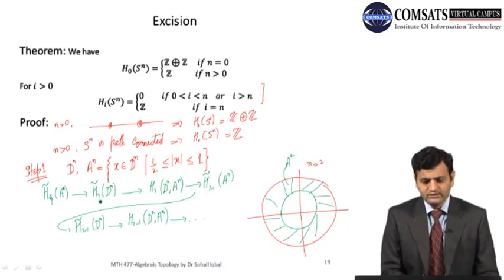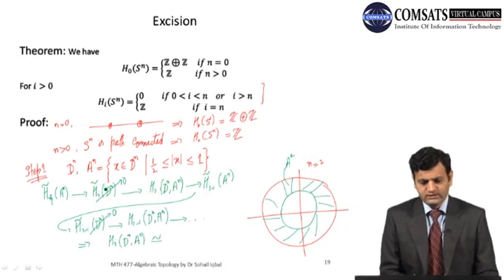We also know that the homology of the disk is 0 because the disk is contractible to a point, so these terms are 0. This implies that Hi(Dn, An) is isomorphic to reduced Hi minus 1(An).